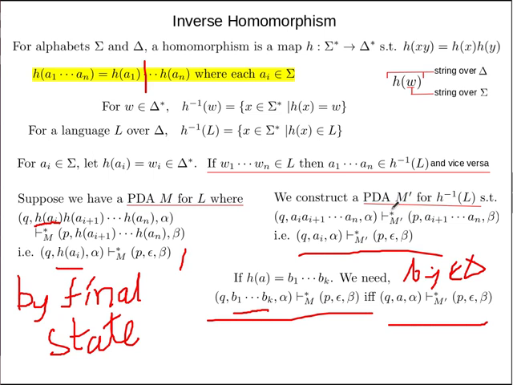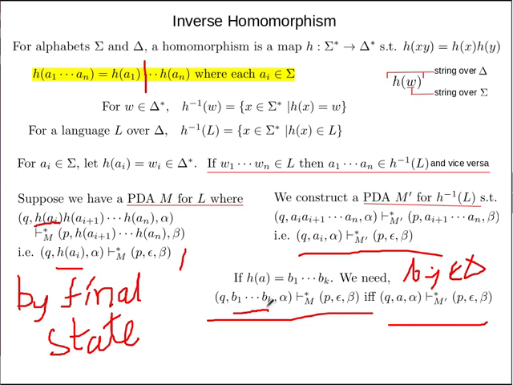So we have reduced our problem of showing h inverse L is a CFL to this problem: the PDA m for L is given, and we must construct a PDA m prime which includes the states of m, which shows this behavior, that if this chain of transitions occurs in m, then there should be some chain of transitions in m prime which consumes a and does this.